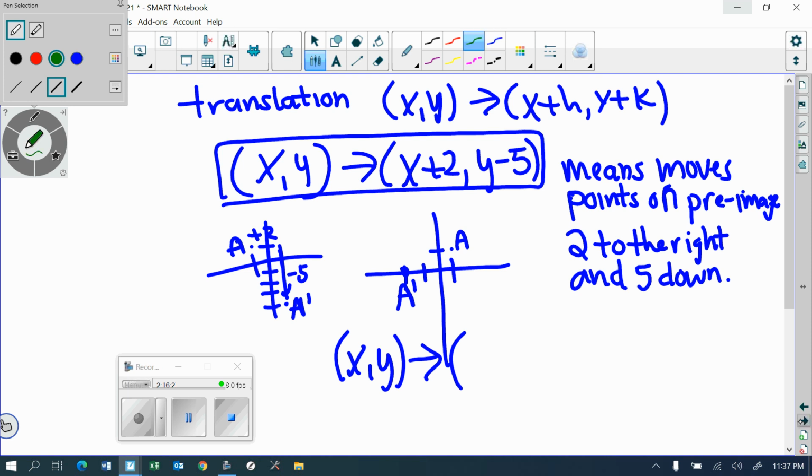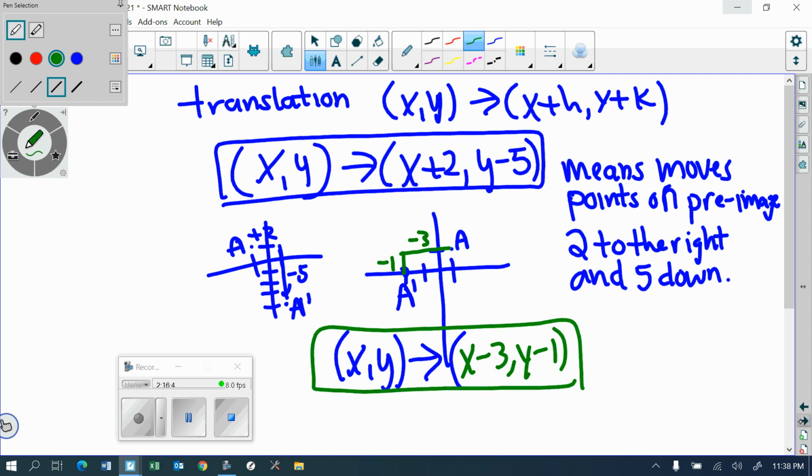I went left, how many? 1, 2, 3. So it's minus 3 on the x. And how many did I go down? 1, y minus 1. That's simple. So there's a translation rule. If you saw that, you would just do that with all the points of the triangle or quadrilateral. So translation is a slide.